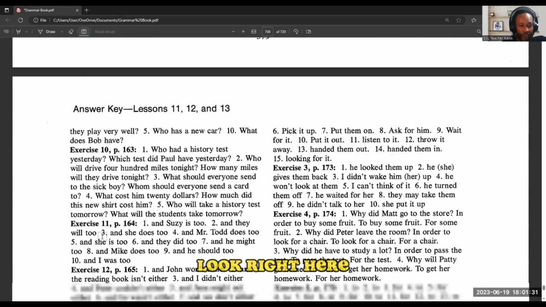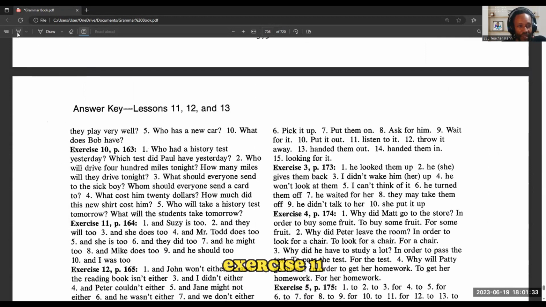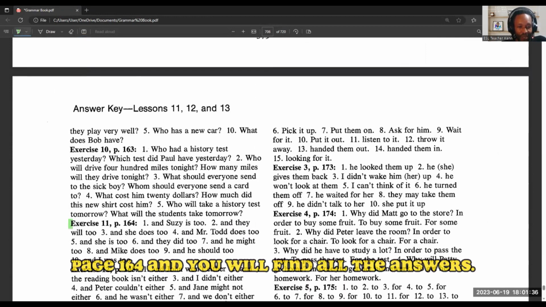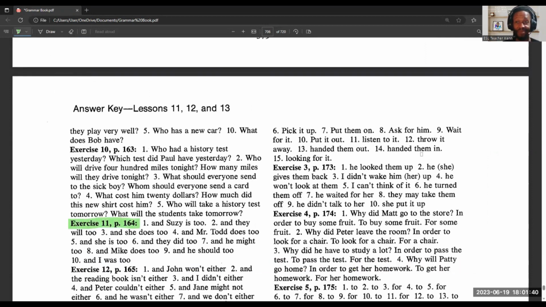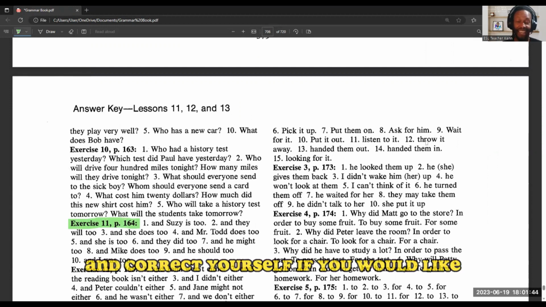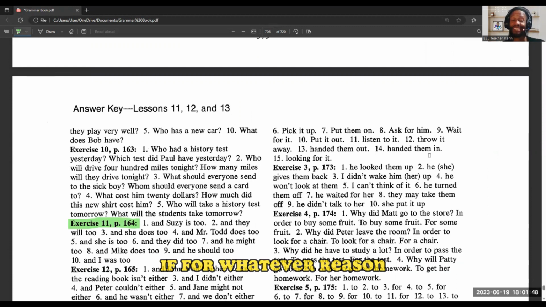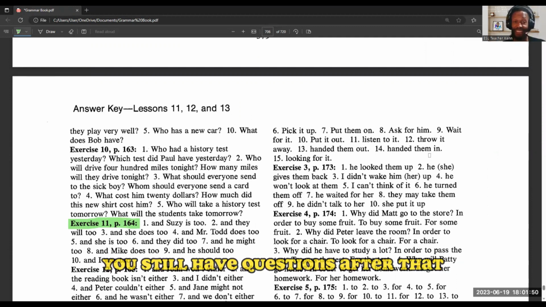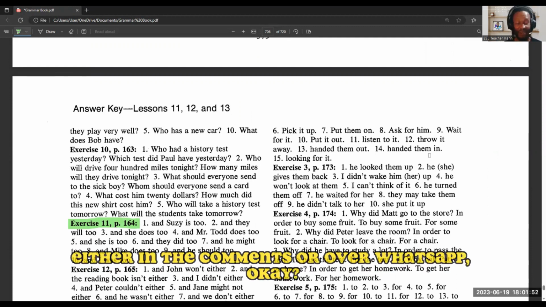Look, right here, exercise 11, page 164. And you will find all the answers. Everything is there. So you will be able to check and correct yourself if you would like. If for whatever reason you still have questions after that, leave me a message either in the comments or over WhatsApp, okay?